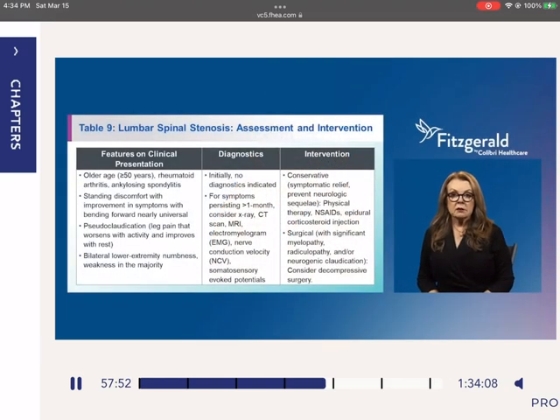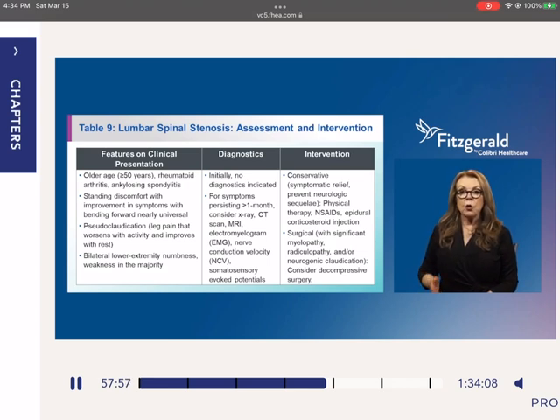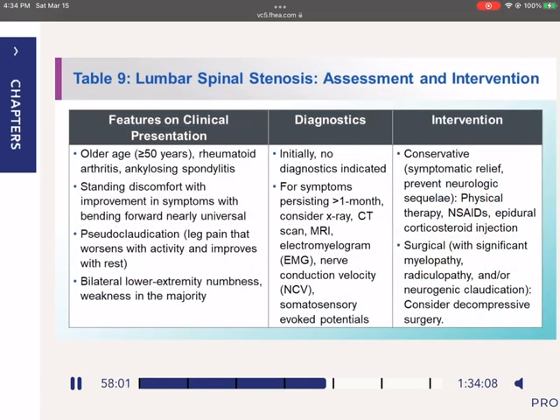Table 9, lumbar spinal stenosis, looking at assessment and intervention. What are features on clinical presentation? Older age, 50 years and up, the presence of RA and other autoimmune conditions. Standing discomfort with improvement in symptoms with bending forward is nearly universal.